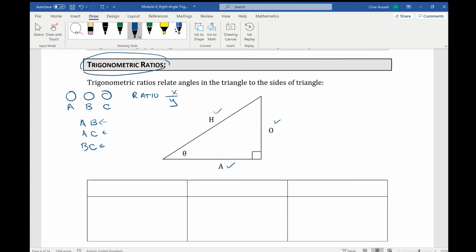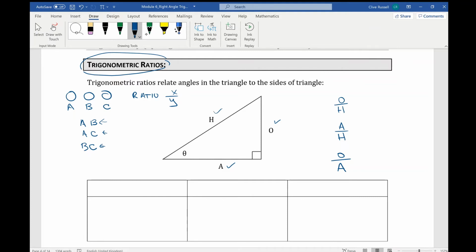Because A, O, and H, I can put any 2 of them together in 3 ways. I could put O and H to form a ratio, I could put A and H together to form a ratio, and I could also put O and A to form a ratio.